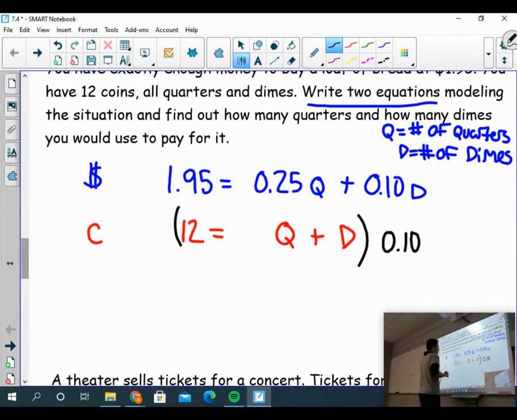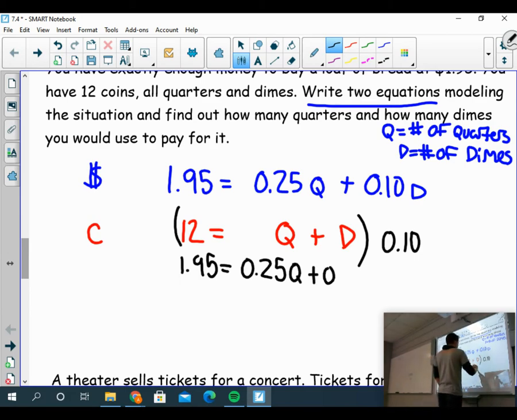Go ahead and rewrite them. So 195 equals 0.25Q plus 0.10D. 12 times 0.1 is 1.2.